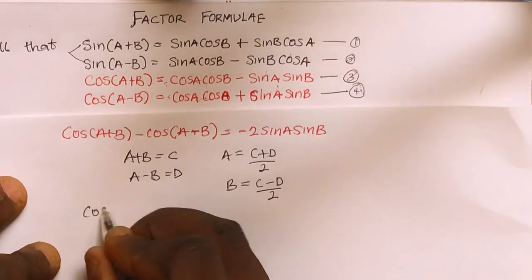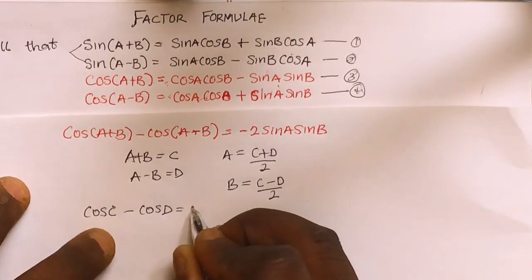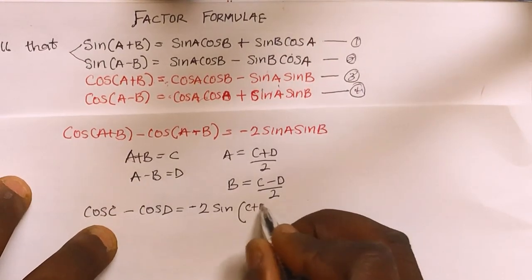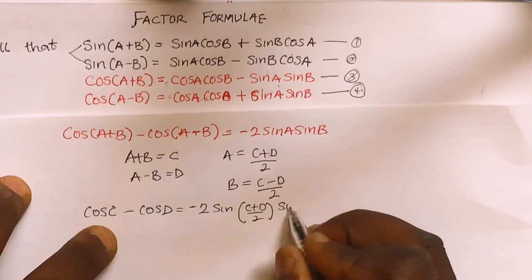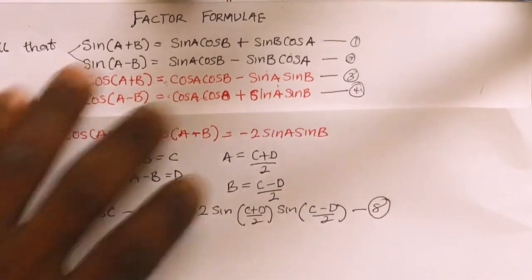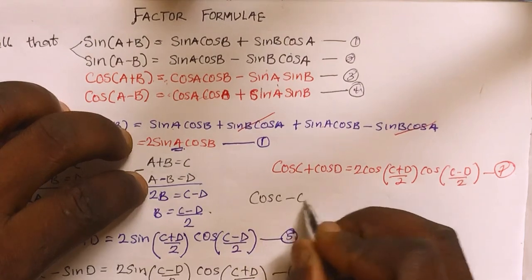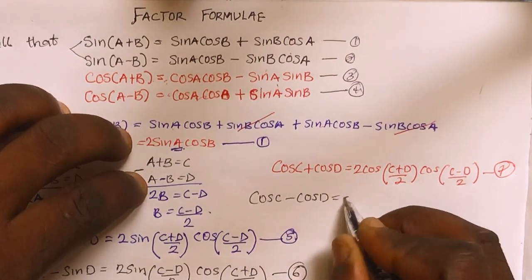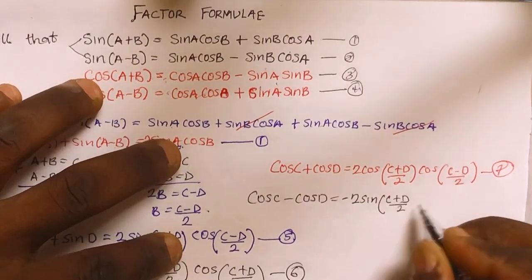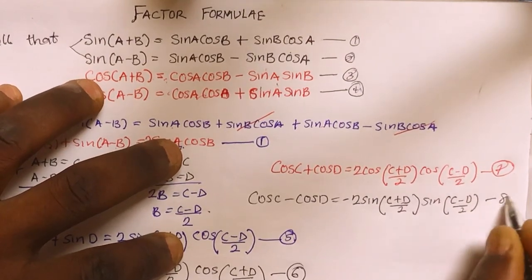You are going to have cos C minus cos D equals minus 2 sine (C plus D) over 2, sine (C minus D) divided by 2, which is identity 8. Put it here. You have cos C minus cos D equals minus 2 sine (C plus D) divided by 2, sine (C minus D) divided by 2, which is identity 8.